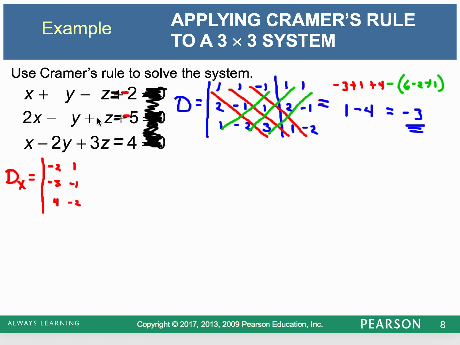Okay, -1, 1, 3. All right, now we're going to repeat these first two columns, -2, -5, 4, and 1, -1, -2. Okay, so go down my diagonals.